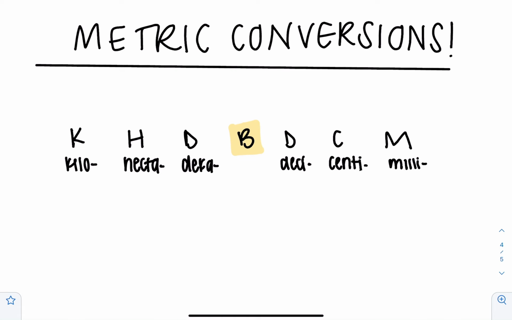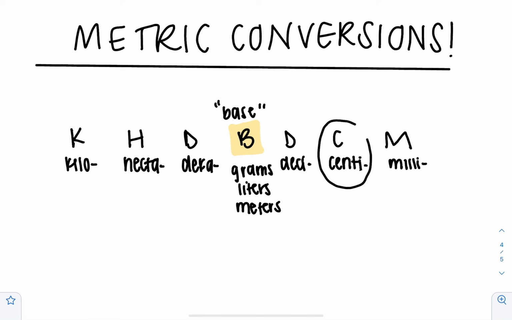Now this B right here, this is what we like to call the base unit, which is just going to be grams, liters, and meters. So if you're dealing with something that is base, that means that you just have grams of something or liters of something or meters of something. If you had like centimeters of something, you would be talking about this area, the C.